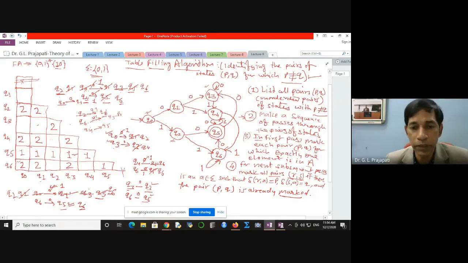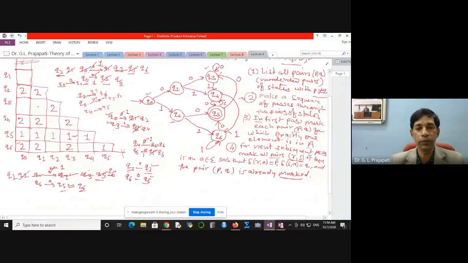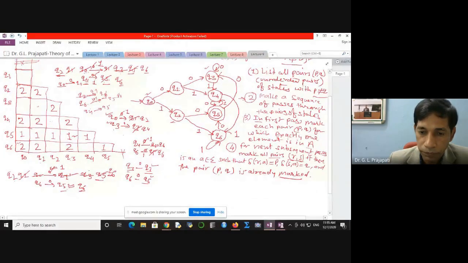So you have seen that in the third pass, you are not able to mark any pair. If you are not able to mark any pair, then actually you need to stop.